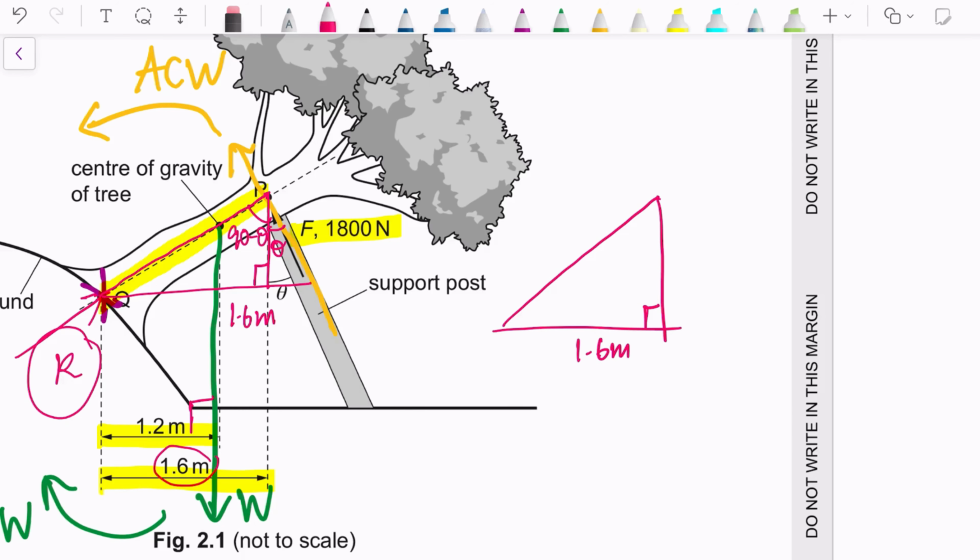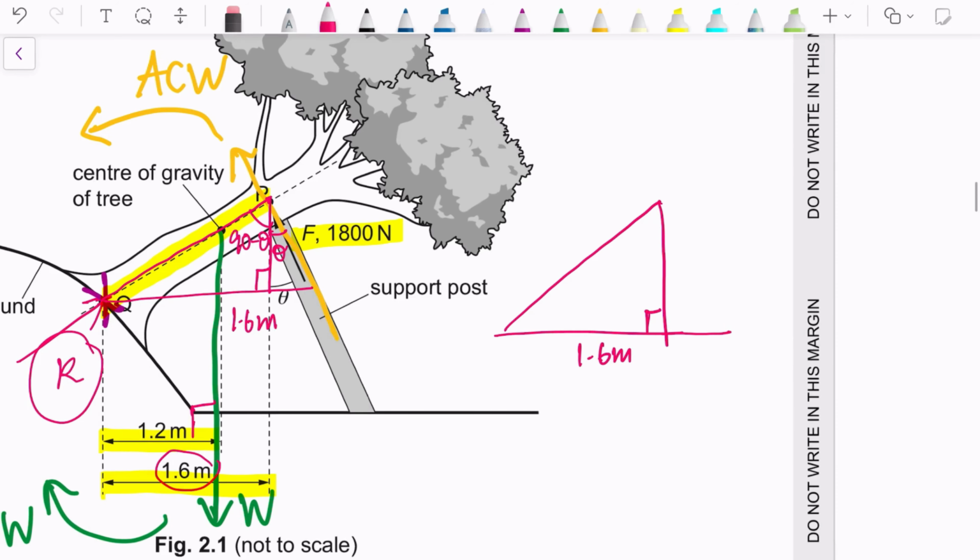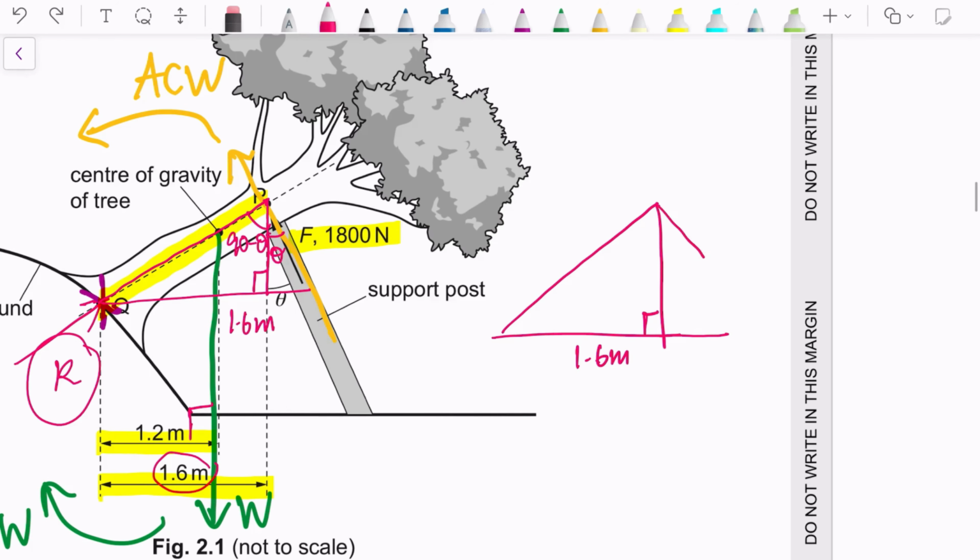Initially your triangle looks something like this. So this was your theta, and if you realize this is actually 90 degrees, then this has to be 90 minus theta. And you're going to find this length, which is x.